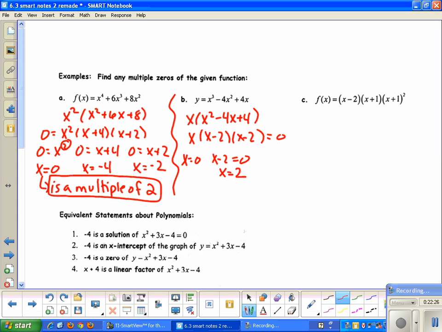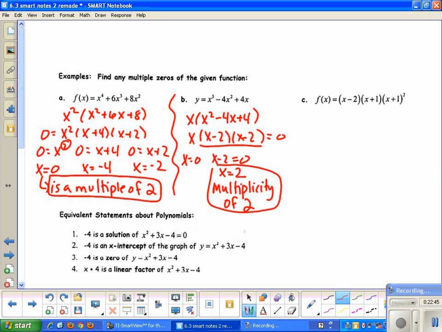And which one has a multiple zero? It would be x minus 2, which is a zero of 2. So 2 has a multiplicity of 2 because there are 2 of them in our answer.